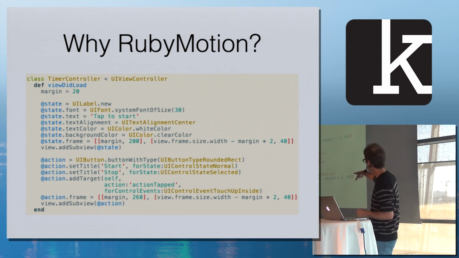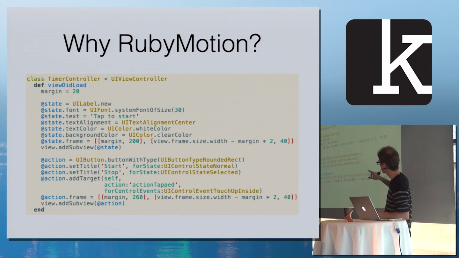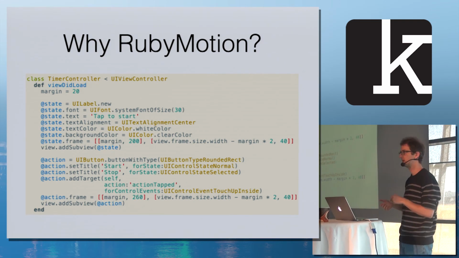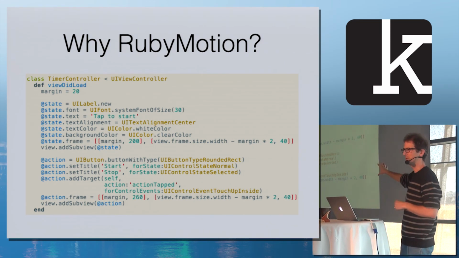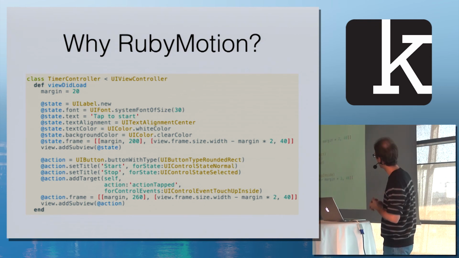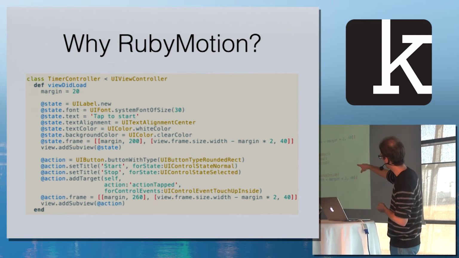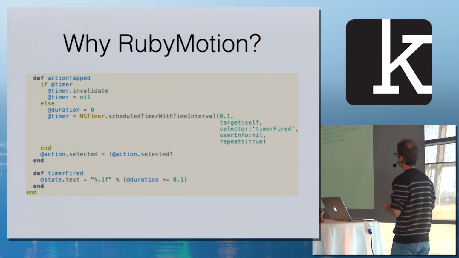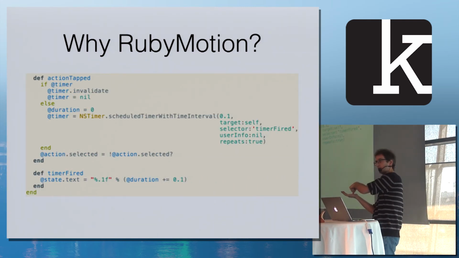And for the button at the very bottom there, we say addTarget so that when it's tapped, with this UIControlEventTouchUpInside. Objective-C loves these really long names. We're going to call a method, actionTapped. Define the method. It's pretty simple. If there's a running timer, stop it.